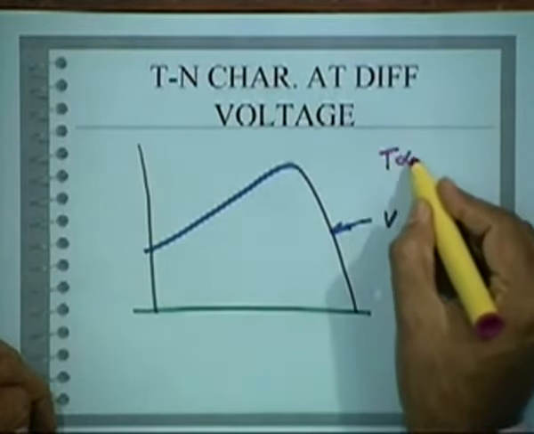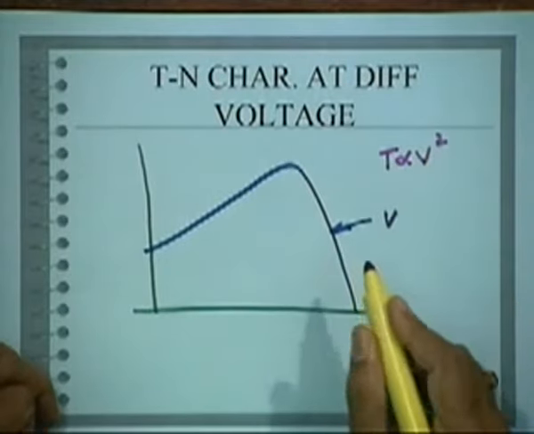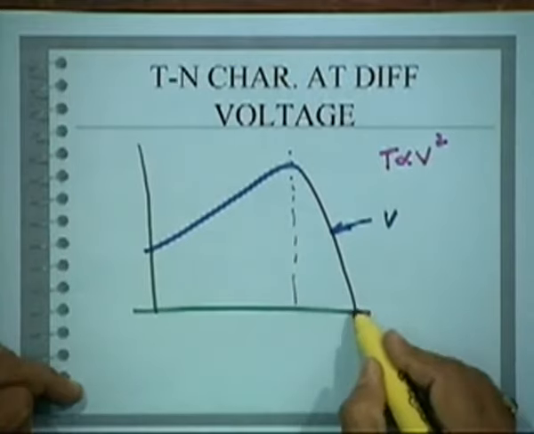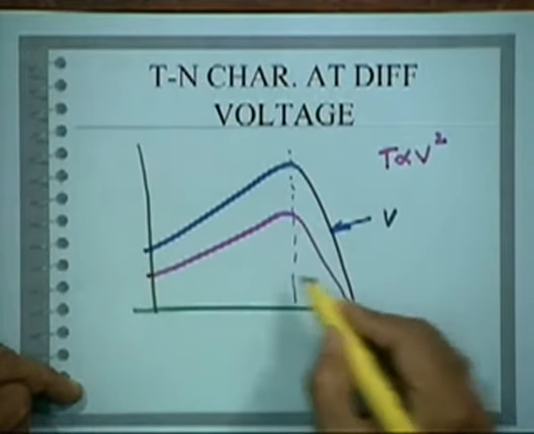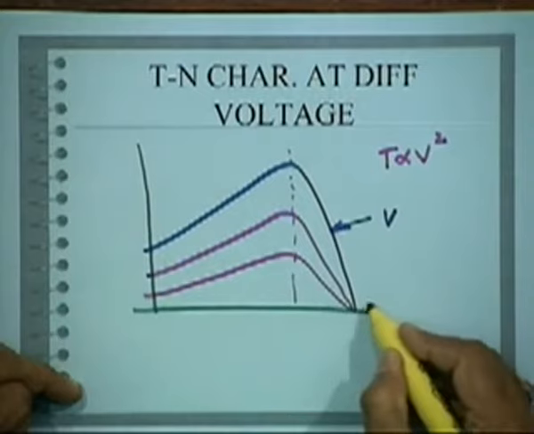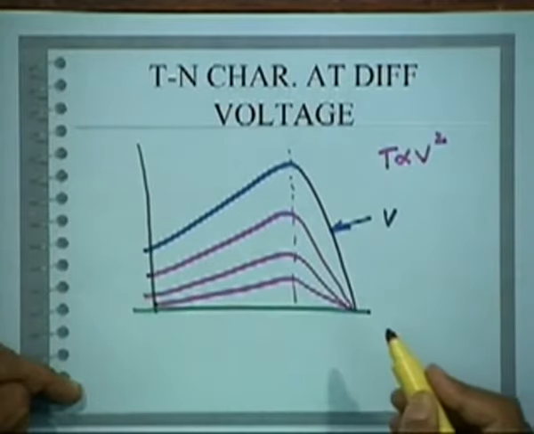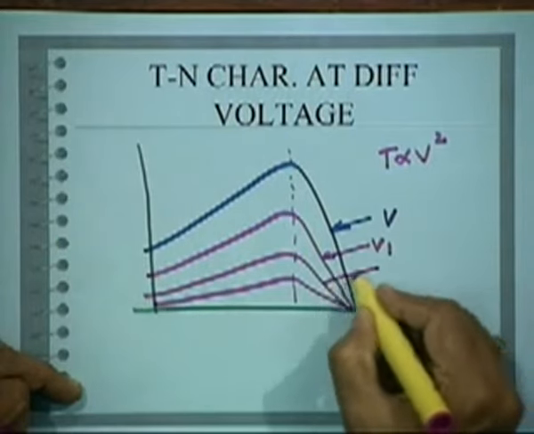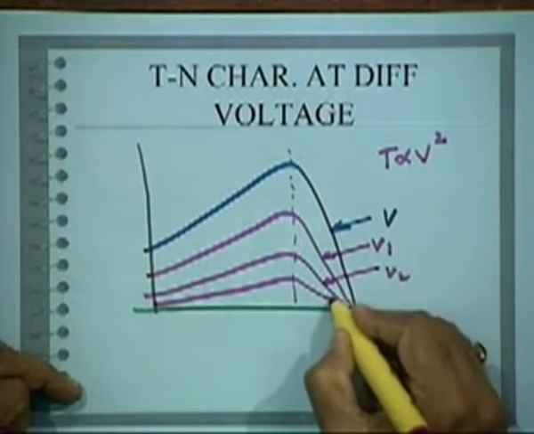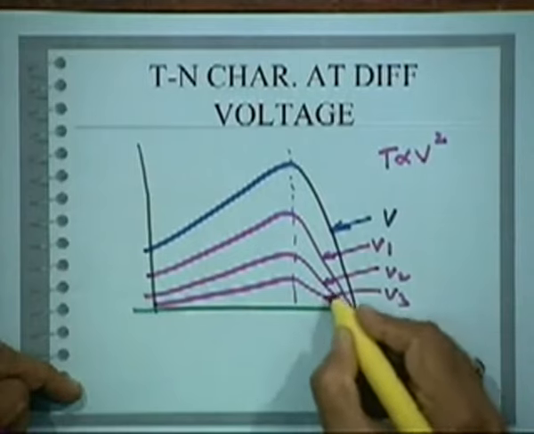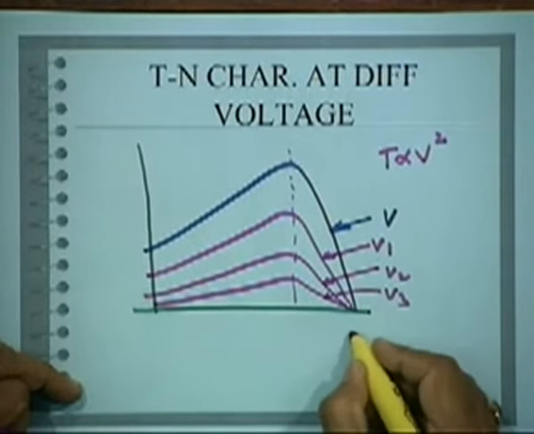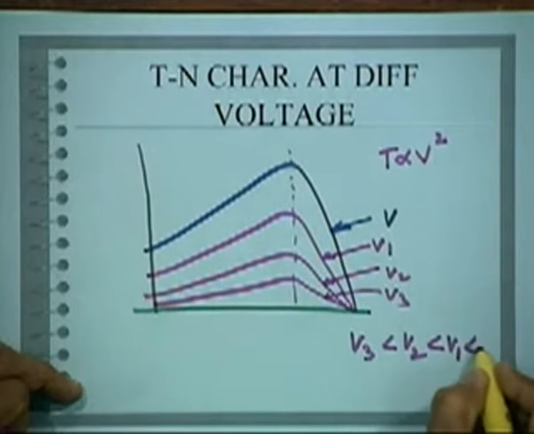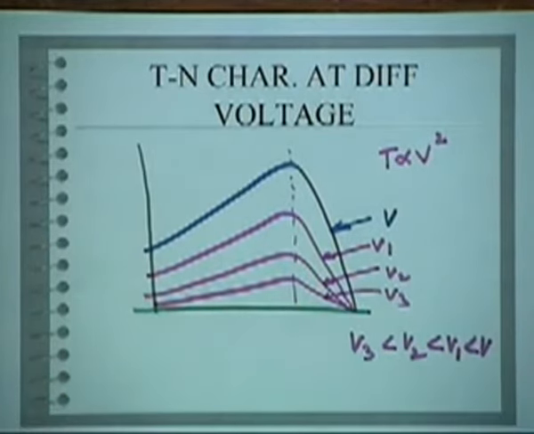Because torque is proportional to V squared. But the slip at maximum torque will remain the same. So you will have a family of characteristics like this for changing the voltage, right. So let us say V1, V2, V3, right. So V3 less than V2 less than V1 less than the nominal voltage V.